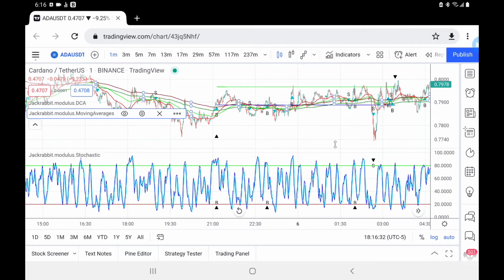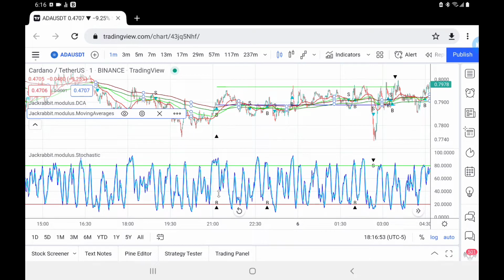Let's look at the stochastic. It comes in, and it sells over here. But it's only used for the entry point right here. That's it.